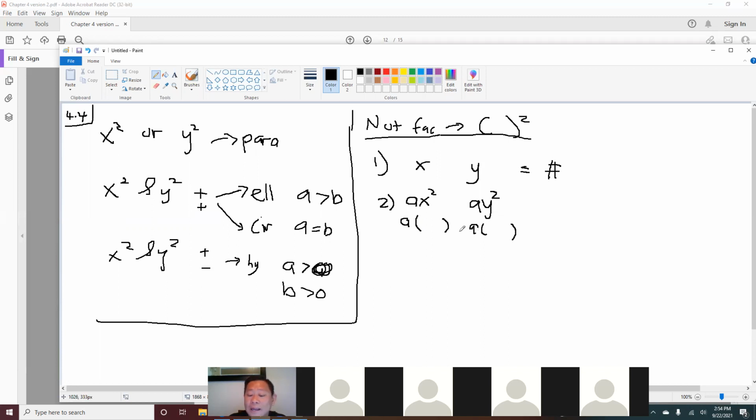So this is your second step: once you separate, if you have any number in front, you have to factor it out. Third, inside the parentheses, you get a bx or by, depending on x and y. What you need to do in this case is take this b term, divide it by 2, and square it.